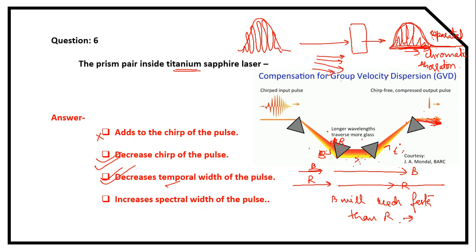So the spectral width does not increase, although the temporal width of the input pulse decreases, and the chirping in the pulse also reduces. If you have any doubt in this question, we can wait for some time, and then we'll proceed to the other question.